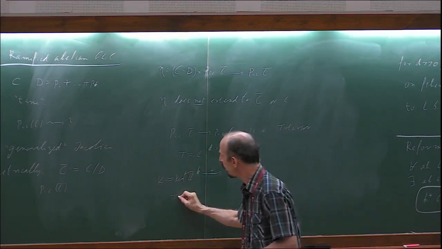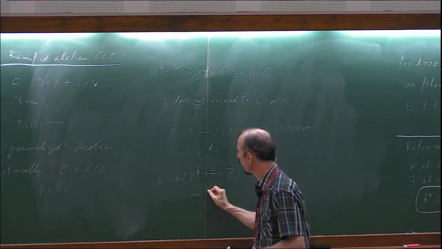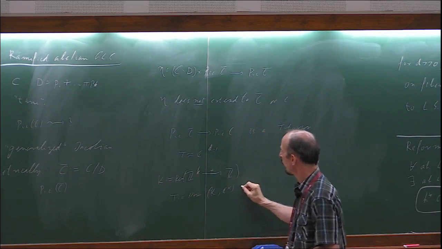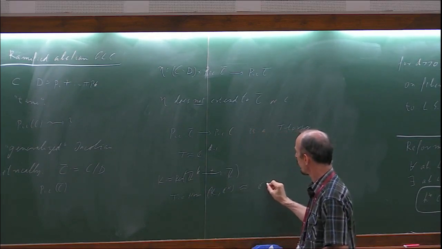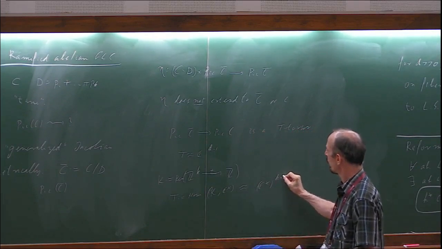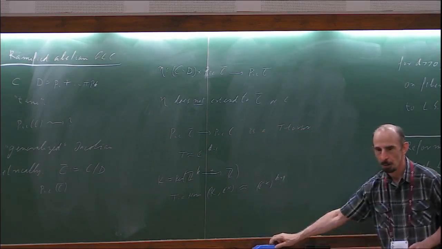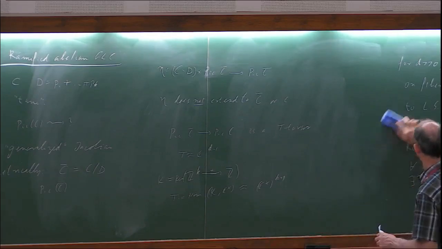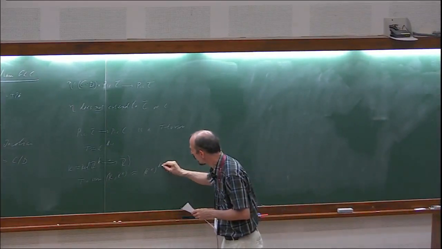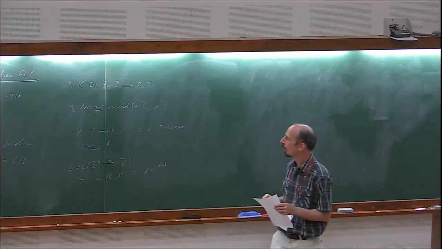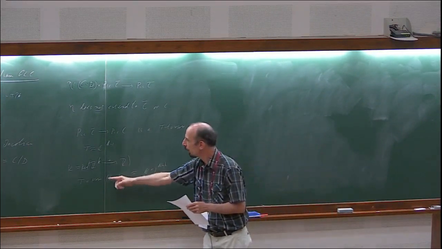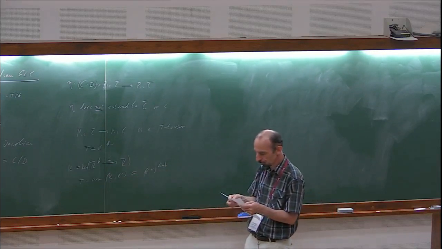And let T be homomorphisms from this K to C star. So that's this torus. It's isomorphic, not naturally, to C star to the K minus 1. So I'm saying that this is a bundle, and each of the fibers looks like this.